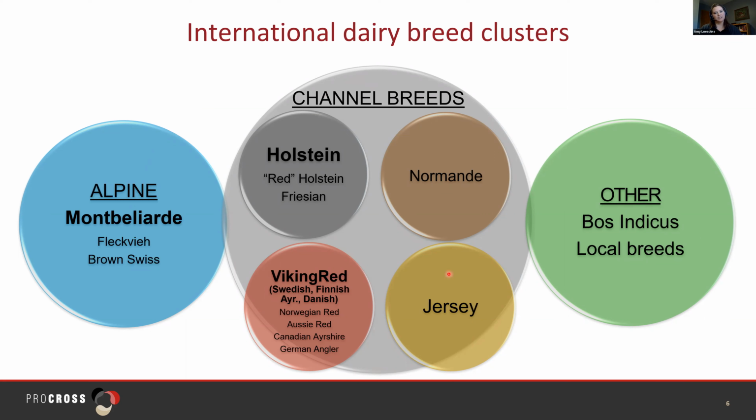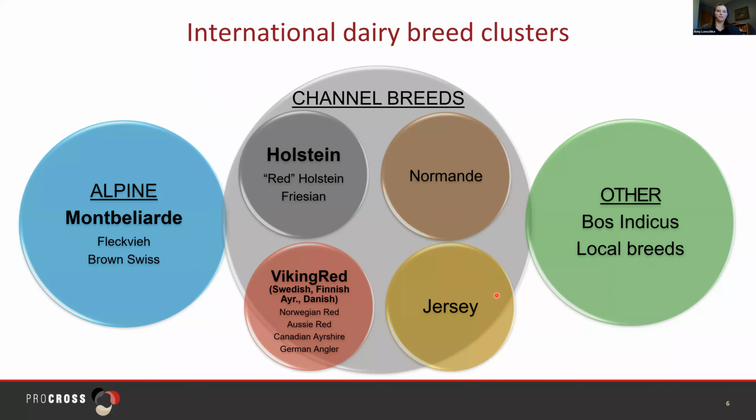The channel breeds are made up of these four, again originating between the British Isles and Northern Europe. There are a few differences between the variegations of Holstein, and certainly a lot of differences between these different VikingRed modern breeding programs, but they all originated within that same area.